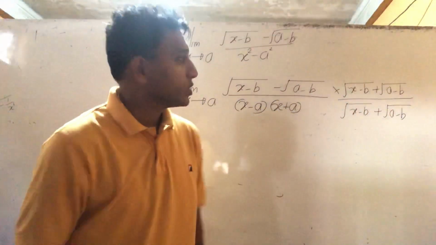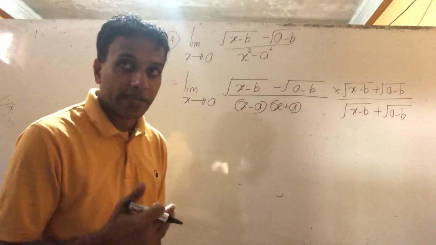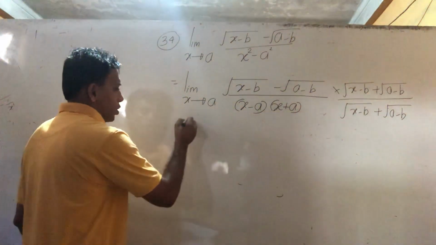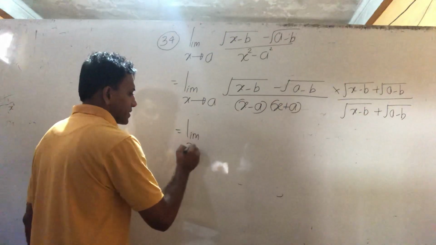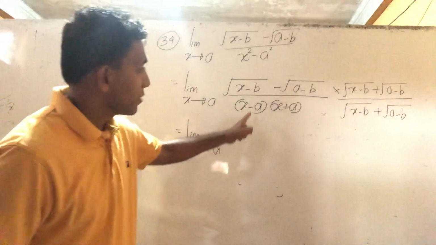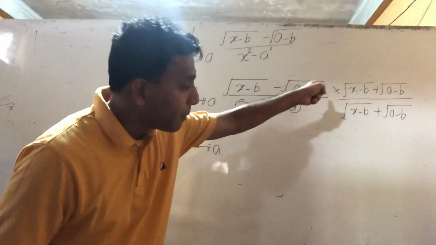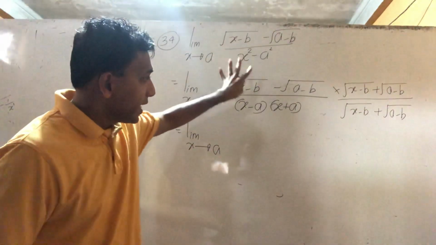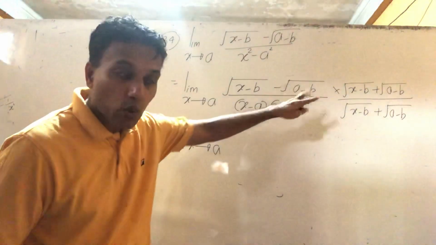So wherever we use the conjugate pattern, it becomes a factorization, the a minus b, a plus b form, that is a square minus b square.